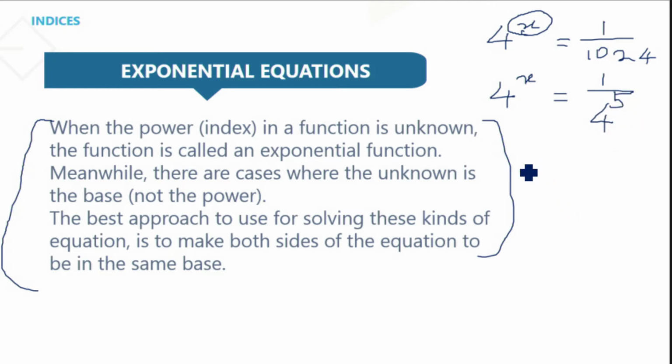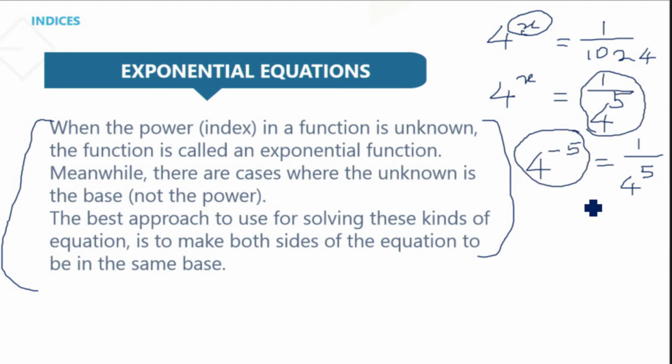Now I want you to recall that 4 raised to the power minus 5 is the same thing as 1 over 4 raised to the power 5. So we can rewrite this equation as 4 raised to the power x equals 4 raised to the power minus 5.